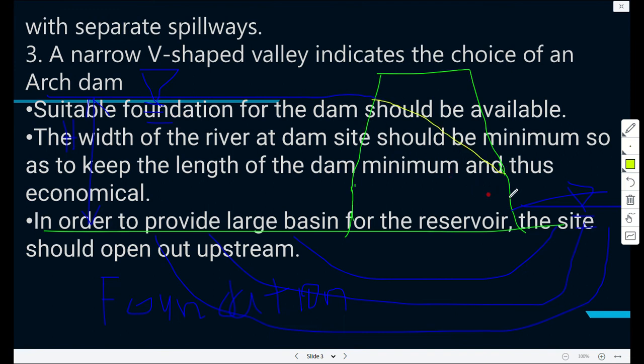So again, you will have to construct flow nets like this, and you can also estimate seepage through the dam.